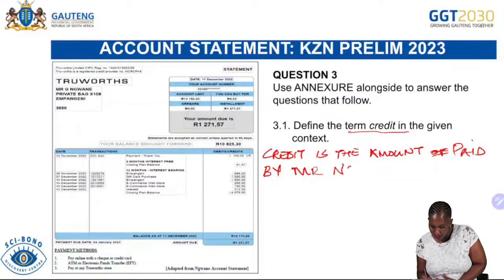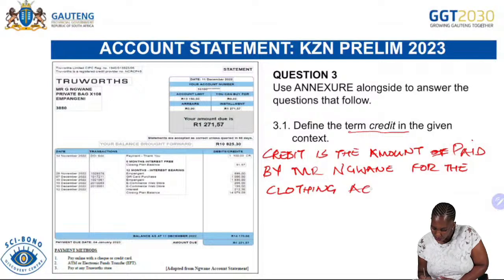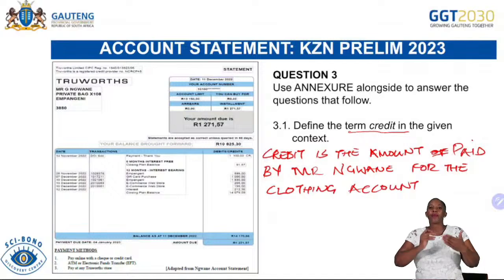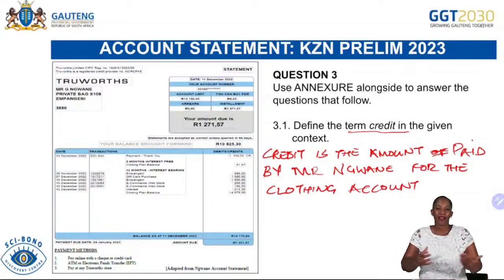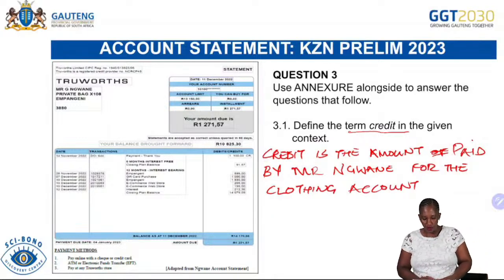It is Mr. Nwani. Mr. Nwani for the clothing account. So meaning every time they pay, they get a credit available. So meaning they pay the installment and then the credit increases. So it says credit is the amount paid by Mr. Nwani for the clothing account.